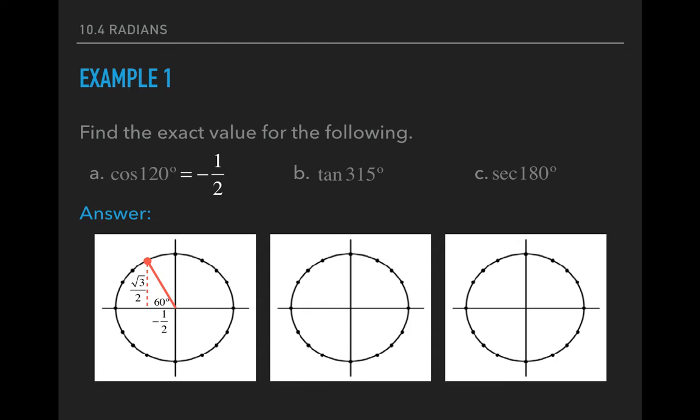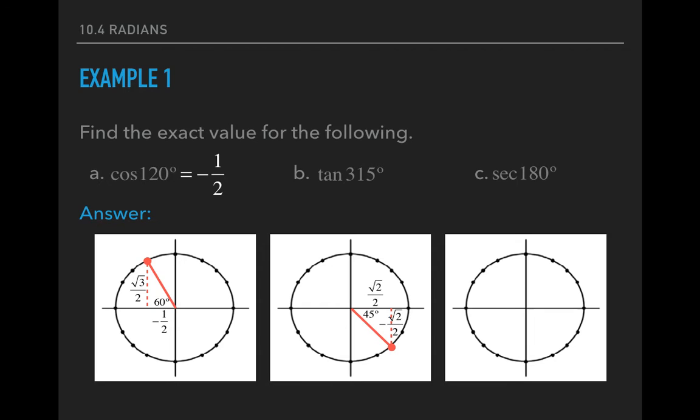Now let's do tangent of 315. So 315, in which quadrant is that? That's going to be in our fourth quadrant, and it has a reference angle of 45. So our two legs are going to measure the same, square root of 2 over 2 horizontal, but then vertical is negative.